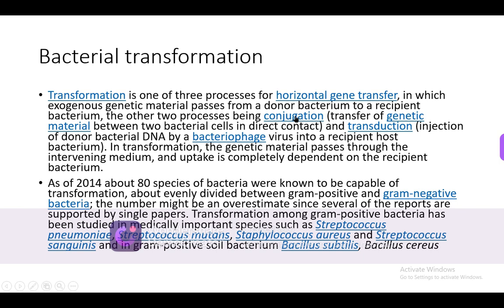The other two processes are conjugation, transfer of genetic material between two bacterial cells in direct contact, and transduction, the injection of donor bacterial DNA by a bacteriophage virus into the recipient host bacterium. In transformation, the genetic material passes through the intervening medium and uptake is completely dependent on the recipient bacterium. That is why their characteristics change.